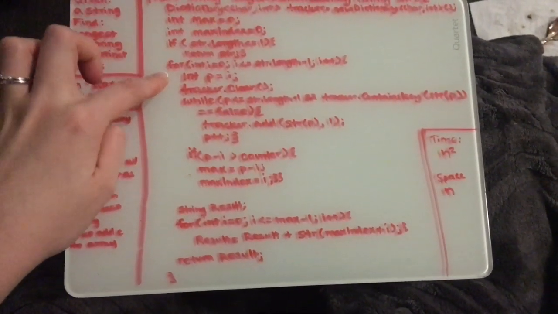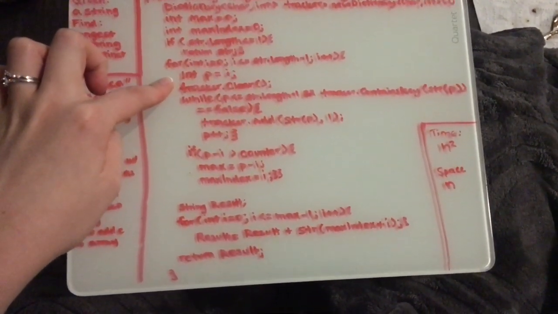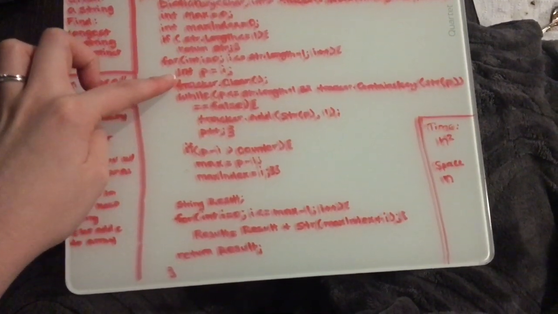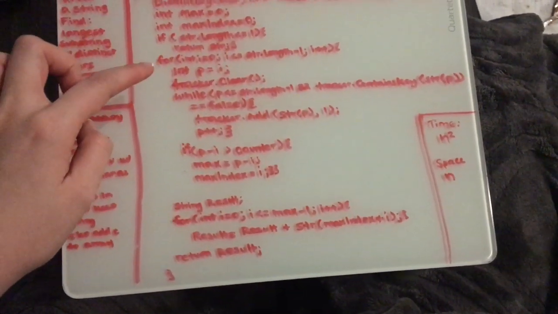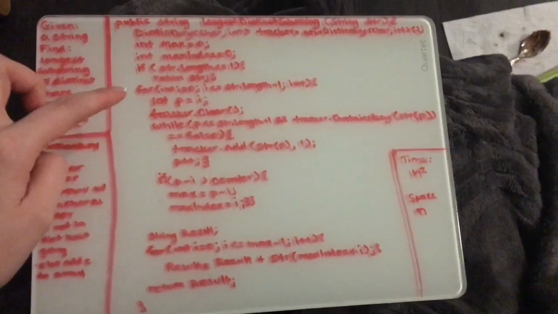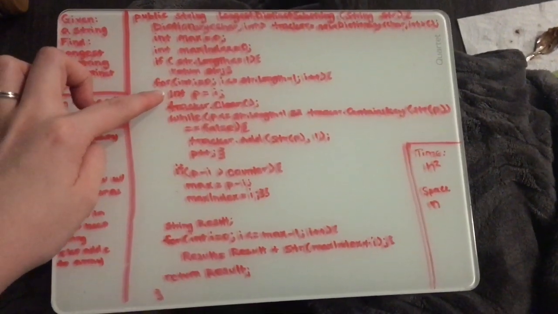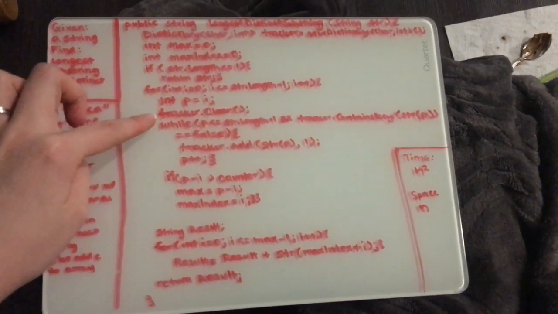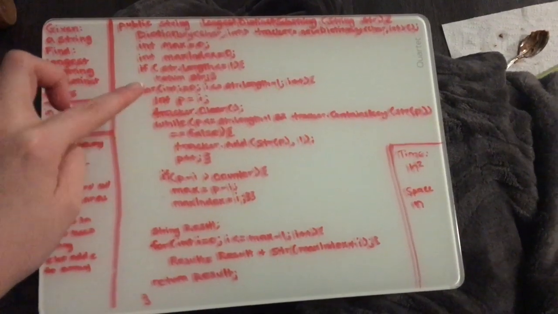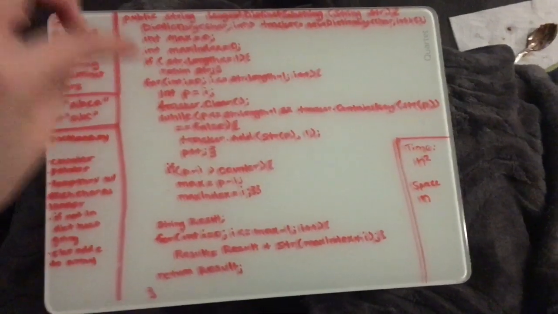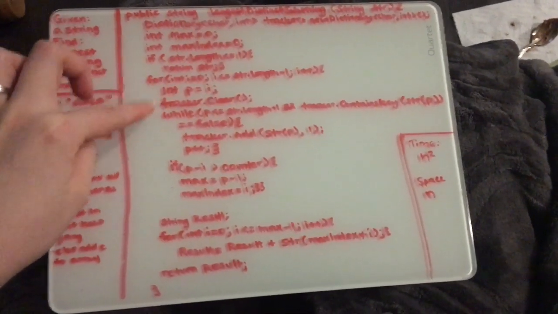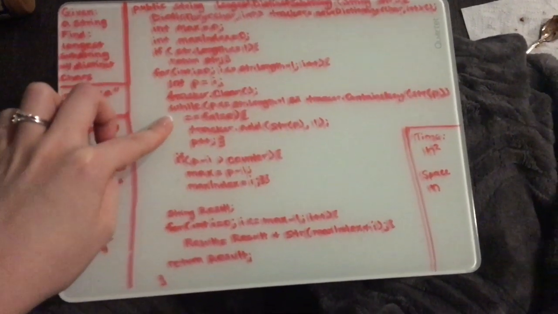I have a for loop, and we're setting the pointer equal to I, so that we're starting with each leader, and then we are clearing the dictionary each time we go through this loop.